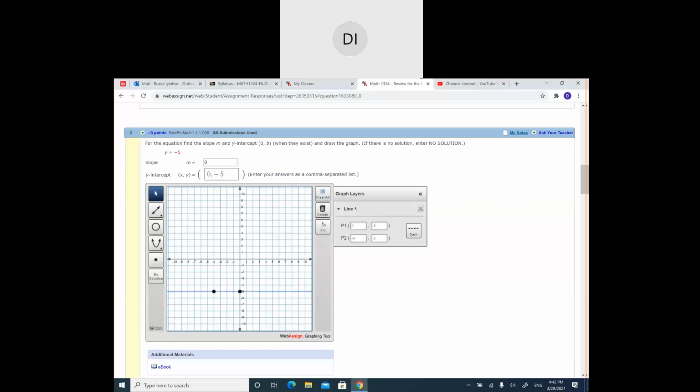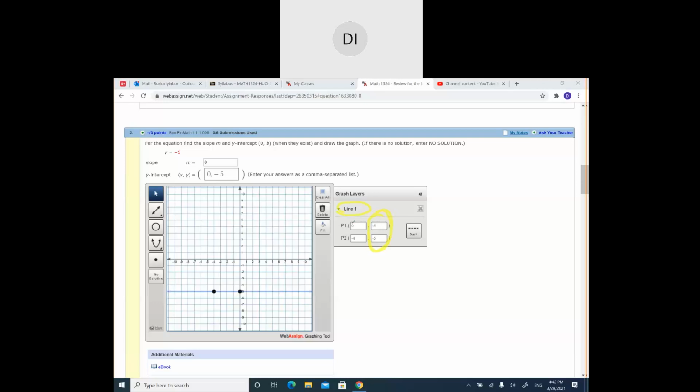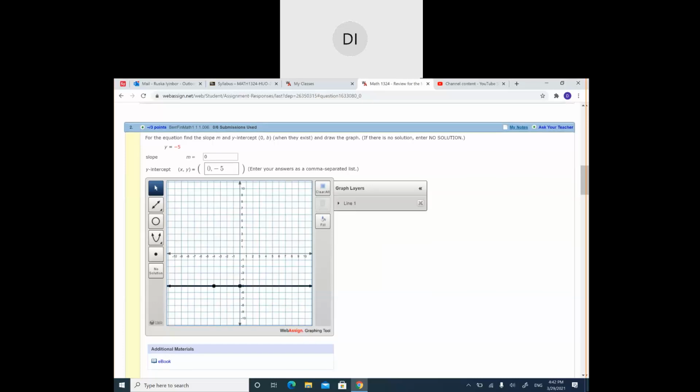And if you look at your line here, when you click, you're going to see the y-coordinates have to be negative 5, have to be the same. The x's don't matter, you can click at any 2 points for x, but the y has to be negative 5 and negative 5. Okay, so that's my graph.